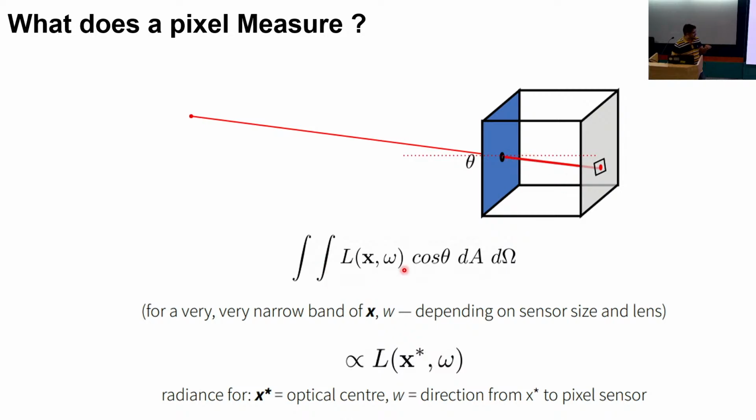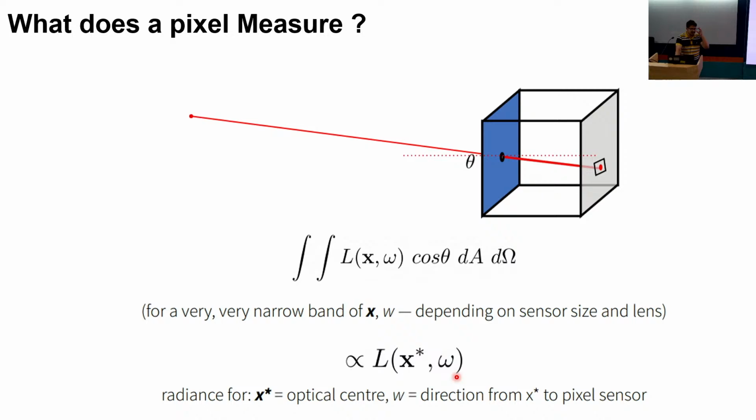That way we don't have to worry about this double integral. Whatever luminance or radiance falls on the optical center is what is observed at the camera sensor. This is just the formal definition of that.